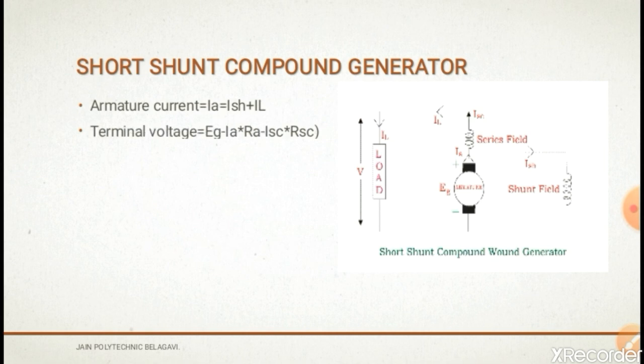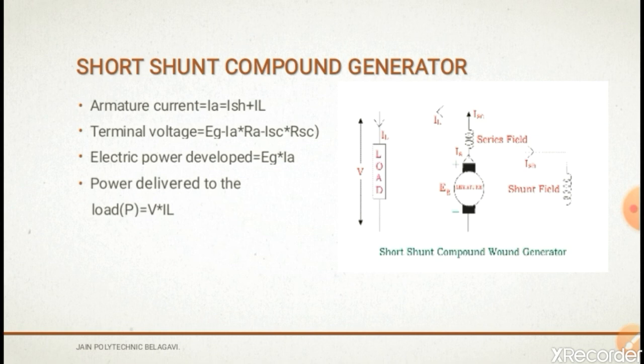The terminal voltage across this load is given as Eg minus Ia into Ra minus Isc into Rsc. The electric power which is developed in this generator is Eg into Ia, and the power which is delivered to the load is given as V into IL.